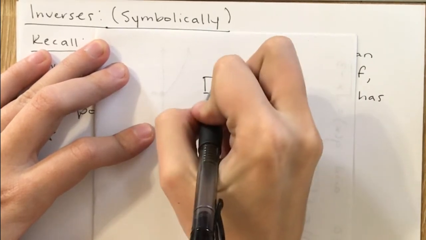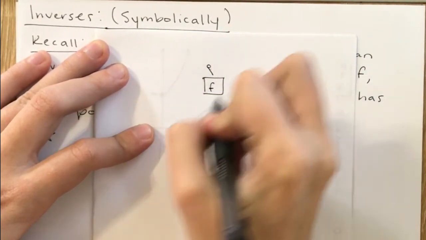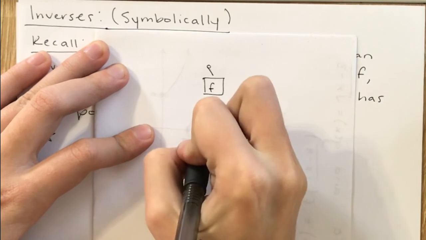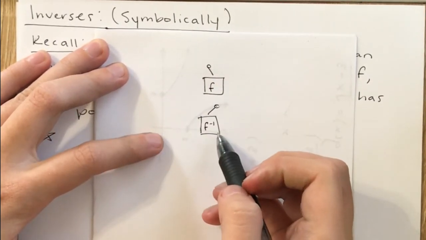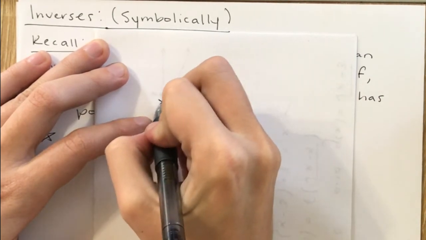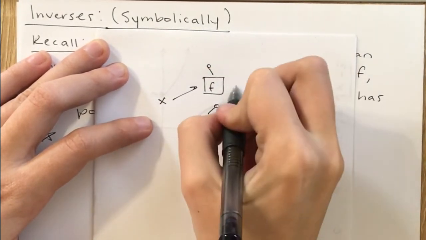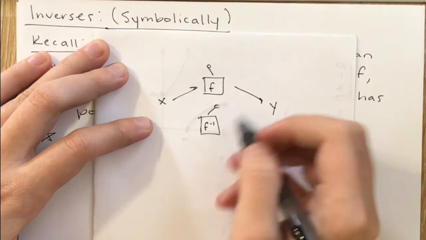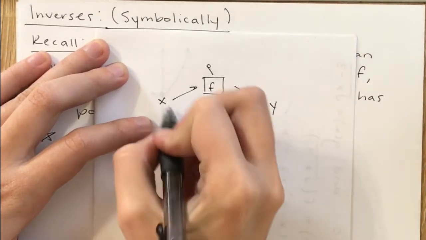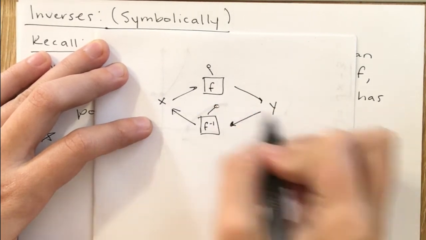And if you'll recall, we had these sort of opposing representations for f and f inverse, where we could plug x into f and it would give us y, and we could plug y into f inverse and it would actually spit back out x.